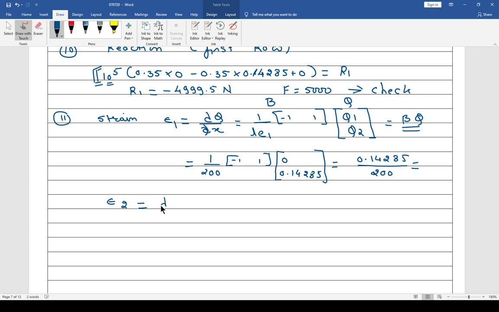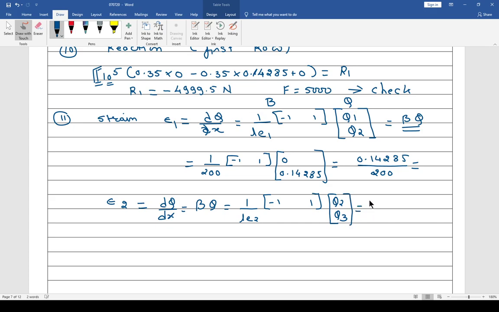Similarly, for element 2, my strain is going to be dq by dx, which is B into q. So B is my 1 by Le2, minus 1, and for element 2 the displacements are q2, q3.